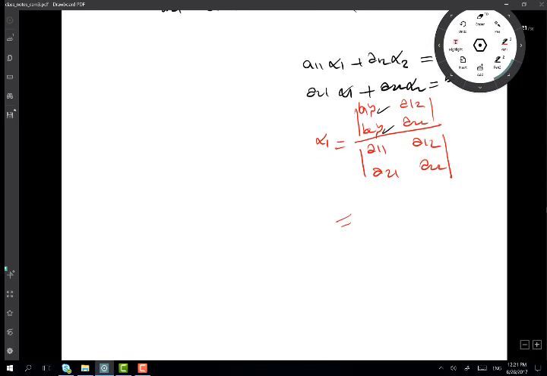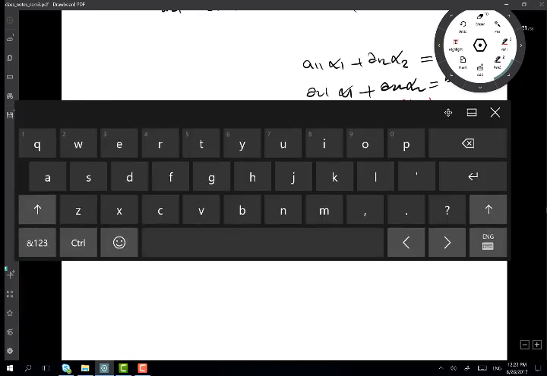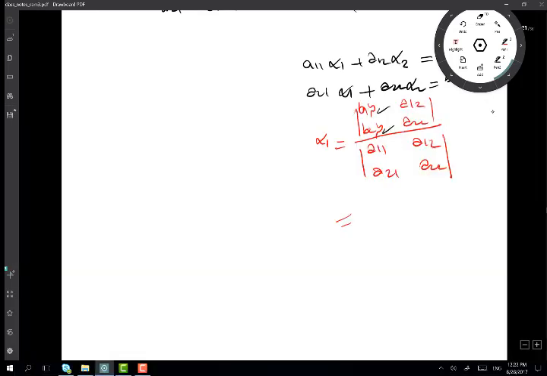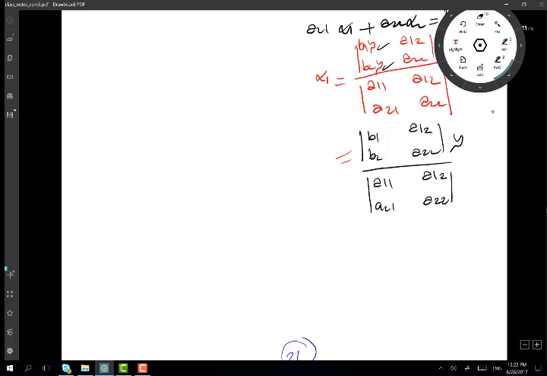Then I can take it outside as a common factor. You can do this when you calculate determinants: if the whole column is multiplied by something, you can take it as a common factor. So you get b1, b2, a12, a22 over a11, a12, a21, a22, multiplied by y.